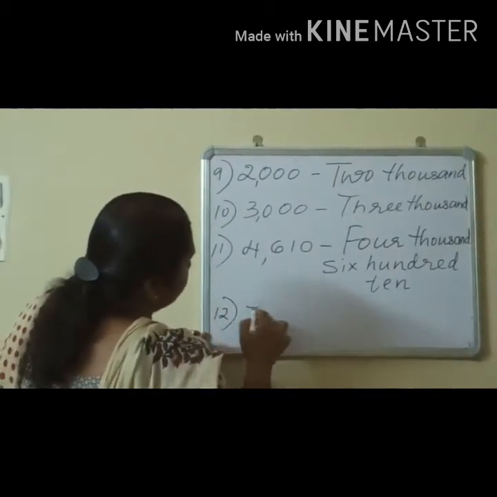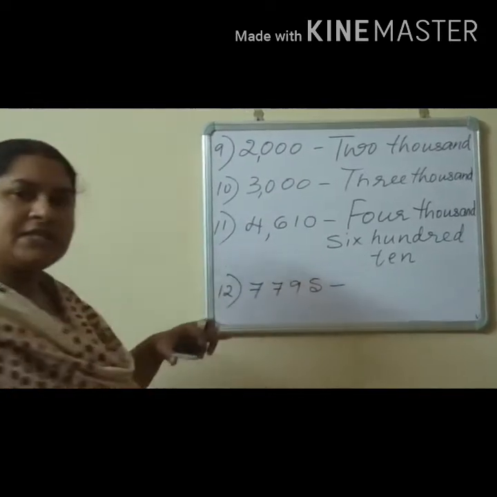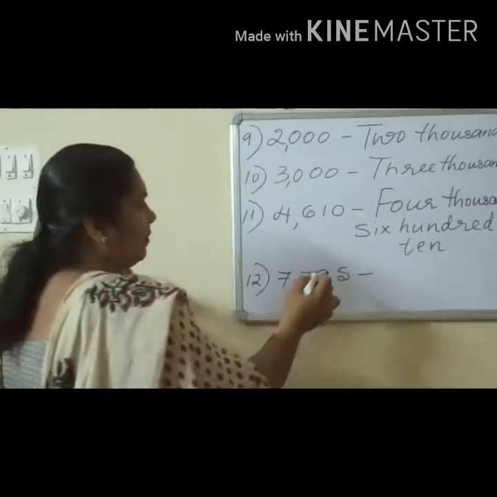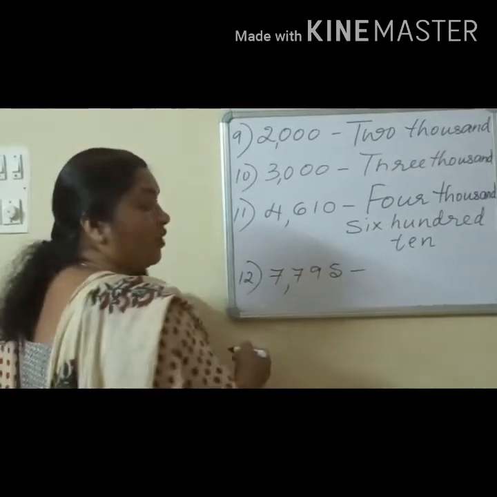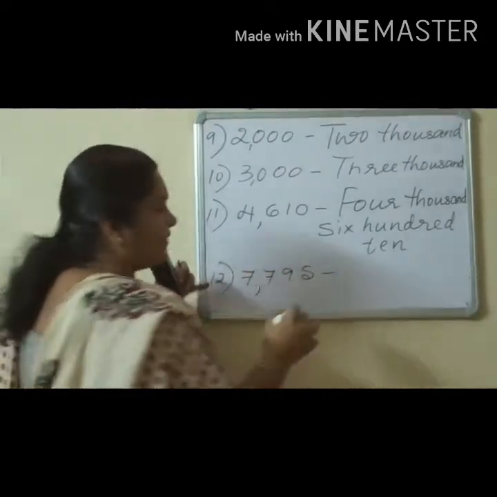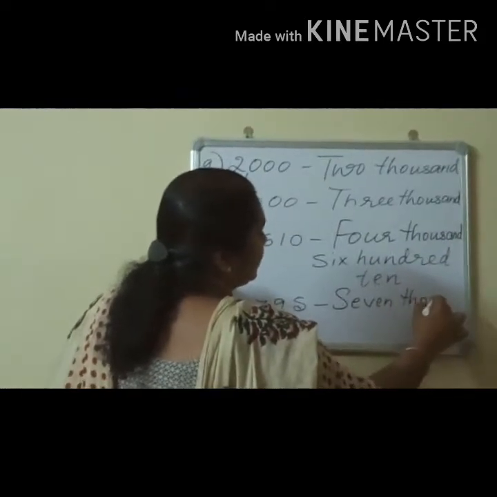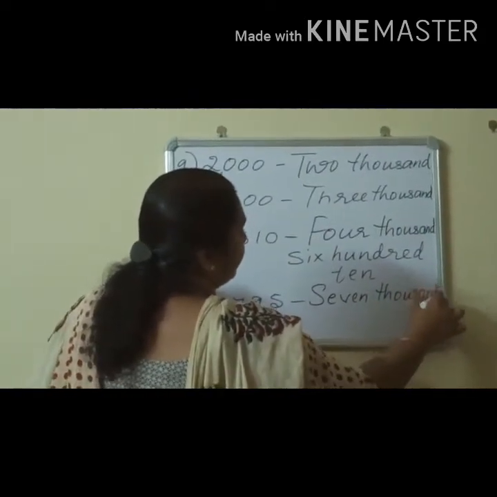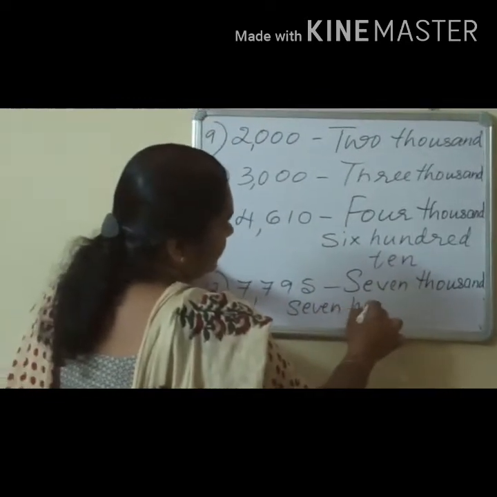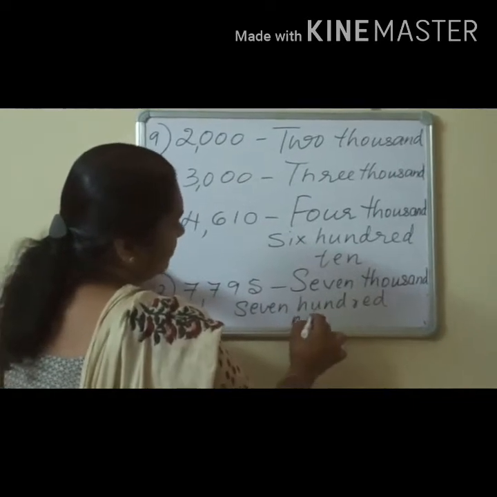Now another number. Starting, what do we have to do? Yes, put the commas. Ones, tens, hundreds, after that a comma. And who is in the thousands place? 7. So 7,000. 795.